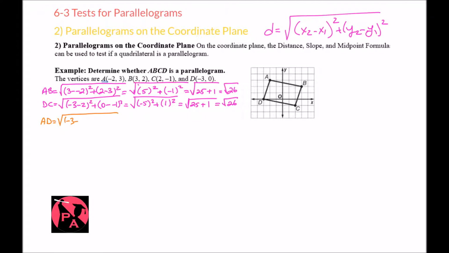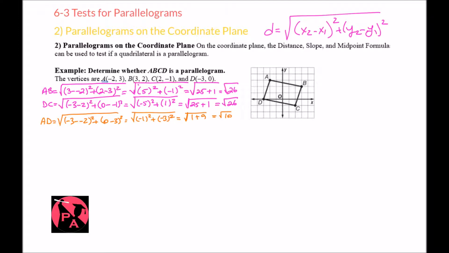(Negative 3 minus negative 2) squared plus (0 minus 3) squared. Right here, the sign between the numbers becomes positive. Negative 3 plus 2 is negative 1 squared, plus 0 minus 3 is negative 3. We are going to square this number. So if we add these together, we get radical 10.